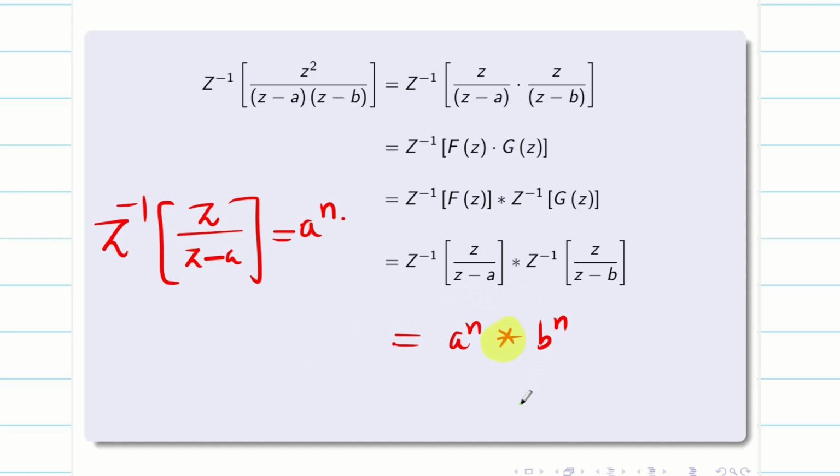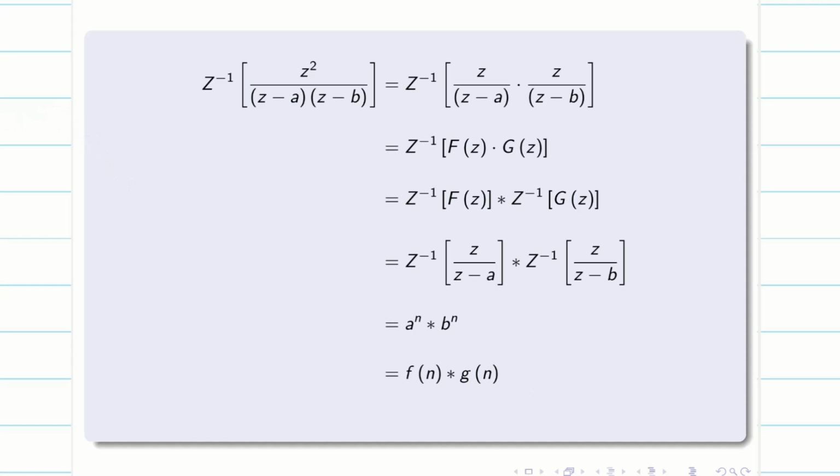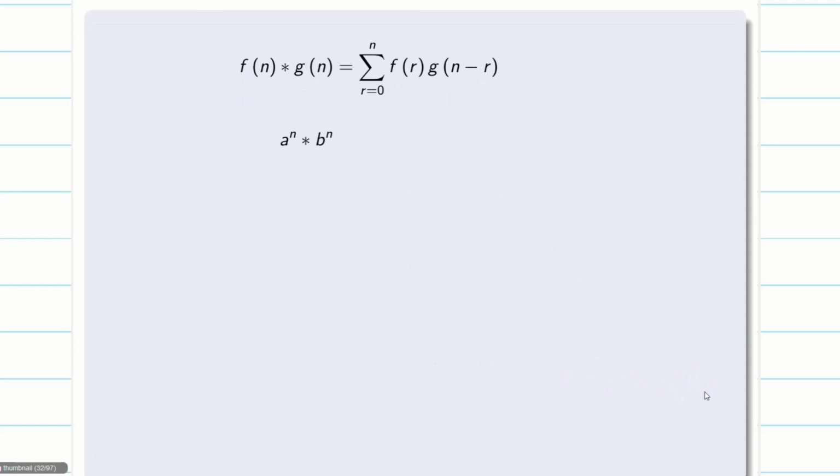But still it is in the form of convolution, so I want to simplify further. So I will take this as f of n star g of n. Now by the definition of convolution, f of n star g of n is the sum from r equal to 0 to n of f of r into g of n minus r. Now apply this formula for a power n star b power n. I can write this as a power r into b power n minus r.